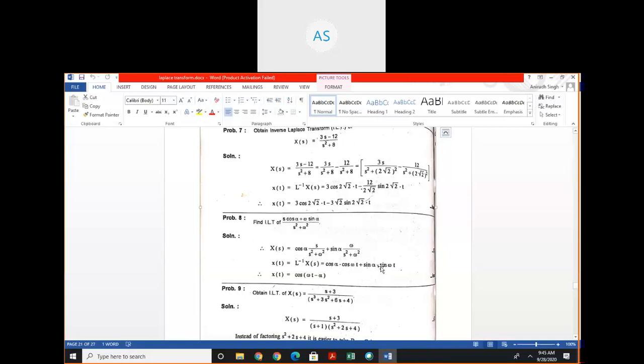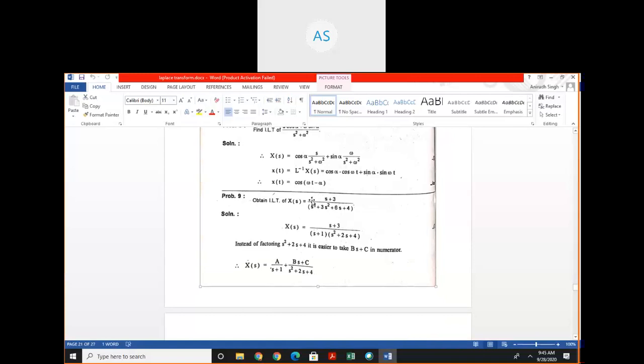Find the inverse Laplace transform of this expression. This x of s is written like this. The inverse Laplace transform of this term is cos omega t, and the inverse Laplace transform of this is sin omega t.